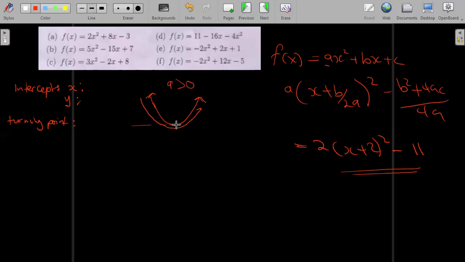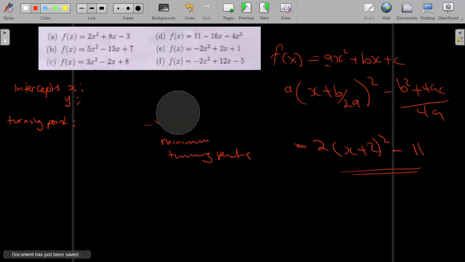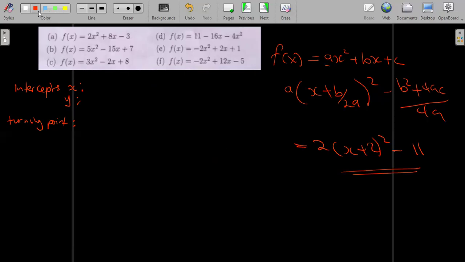And because of this mark, you see that it is down, so it's called a minimum turning point. Okay, so that's what you need to understand. In our case, our a is positive, as you can see. So we know it will have a minimum turning point and our graph will face upwards.